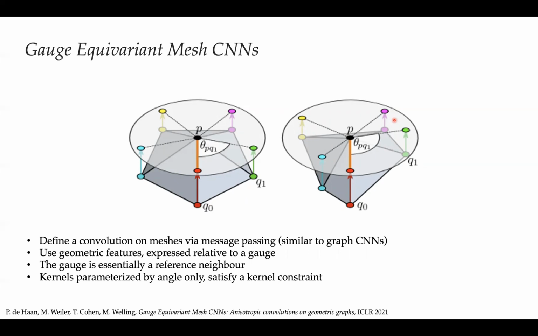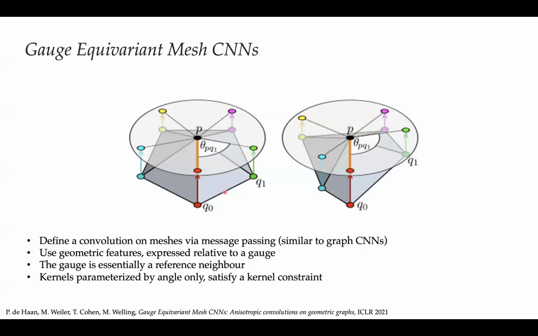This approach again uses geometric features, so features that transform according to some representation of the structure group. The way that manifests in practice is that those features are represented relative to a gauge, and the gauge is just a reference neighbor.